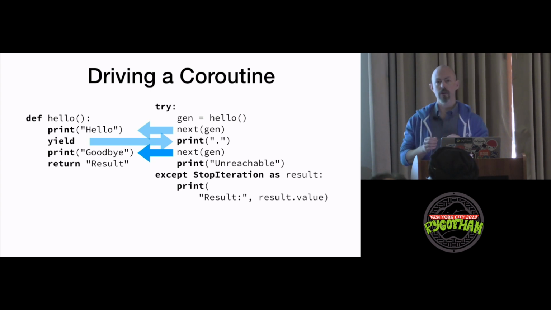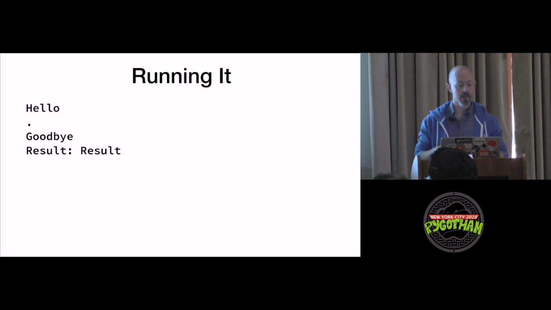With a coroutine, when you return a value, it's actually embedded in the stop iteration. So this print unreachable on the right-hand side will not be executed. Instead, it will catch the stop iteration, pull out the value, and print it out. And so you get this.